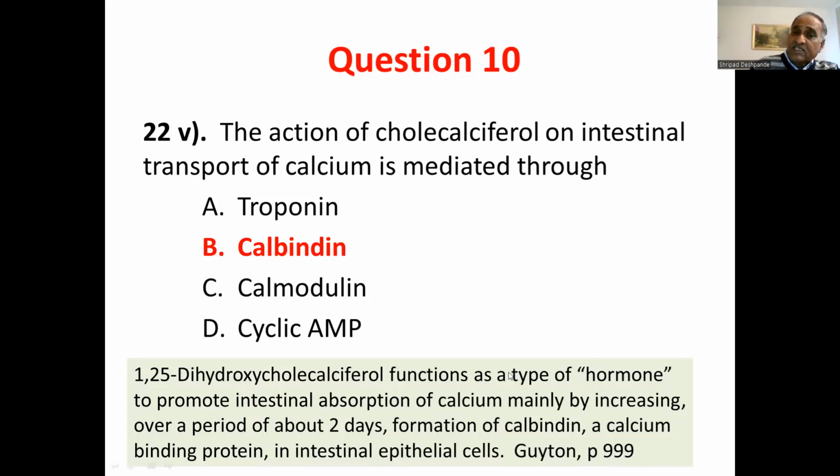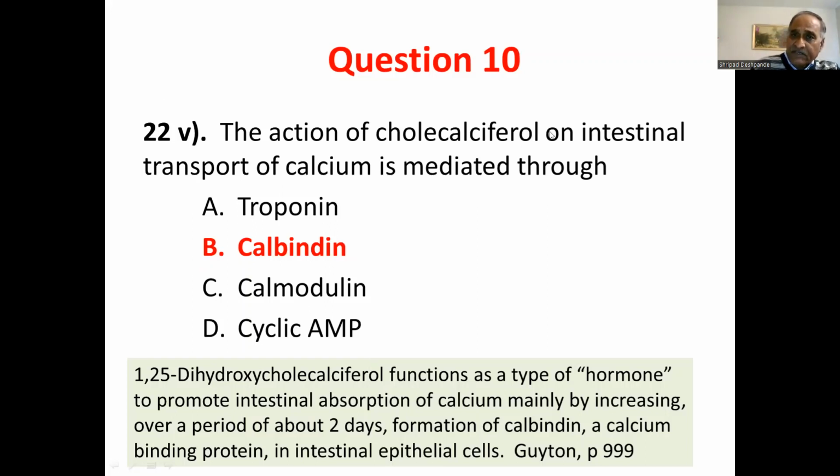1,25 dihydroxycholecalciferol functions as a type of hormone to promote intestinal absorption of calcium, mainly by increasing, over a period of 2 days, the formation of calbindin, a calcium binding protein in the intestinal epithelial cells. So the answer to this question is B, calbindin.